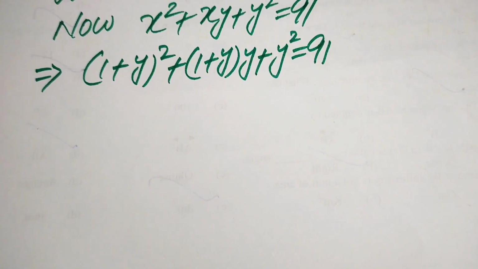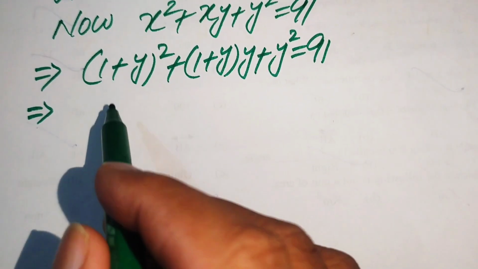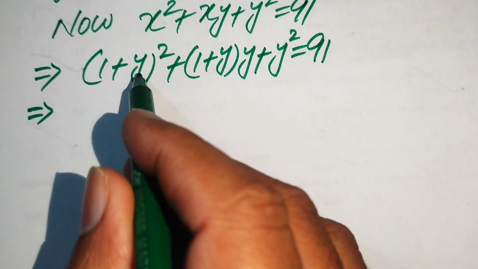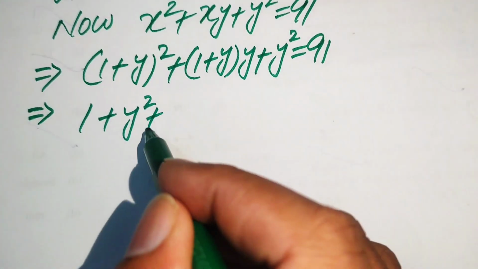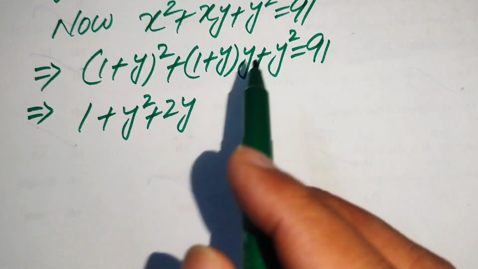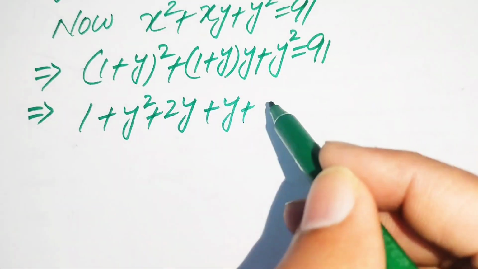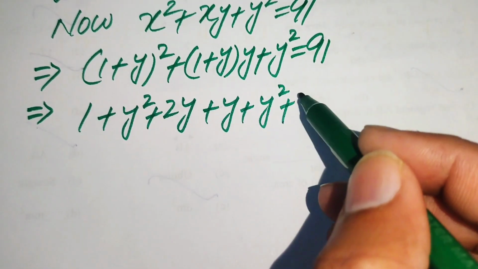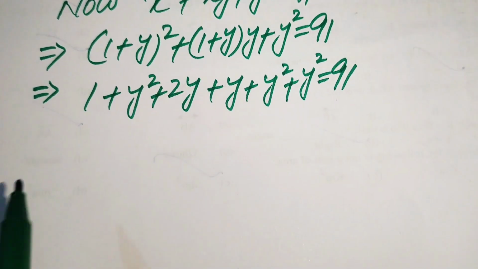Here we need some simplification. We expand by the square identity: (1 plus y) squared equals 1 squared plus y squared plus 2 times y. Here we multiply y on both terms of the second part, and it is written as y plus y squared, and then plus y squared equals 91.